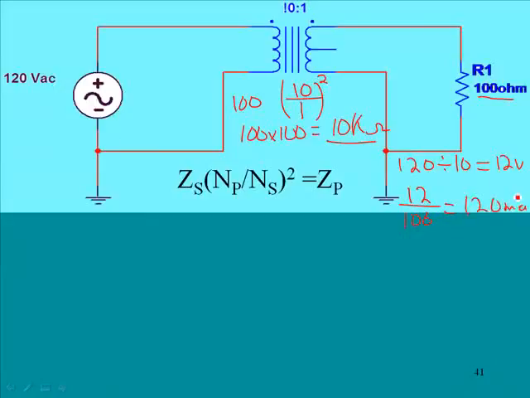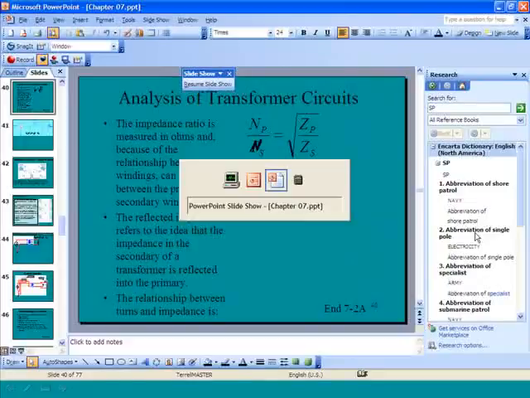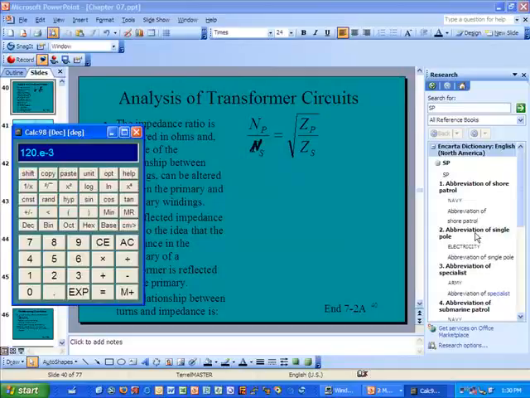And let's calculate the power that's dissipated in this transformer. So we would say, remember, power is E times I. So we will say 12 volts times 120 milliamps.